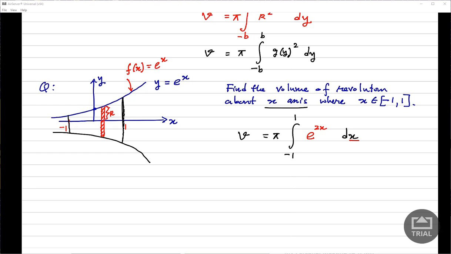Once you do that and integrate this, you get e^(2x) divided by 2, and you put 1 to -1. So your answer would be pi divided by 2 times (e^2 minus e^-2). That would be the volume we are discussing here.